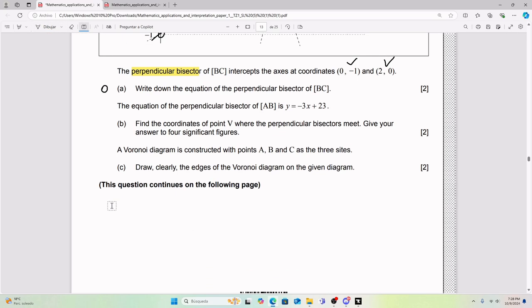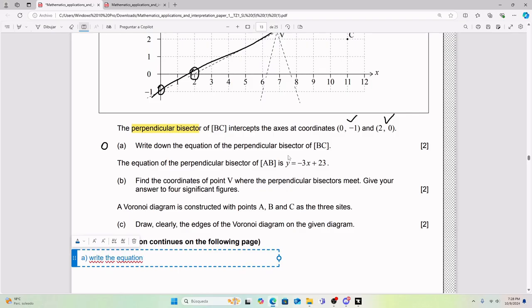So I'm just going to jump straight into it, you guys. For part A, we need to write down the equation, ¿cierto? But the hidden thing here is that you need to write down the equation of what? Of the perpendicular bisector. Yeah, but in its essence, you're writing down the equation of a straight line.